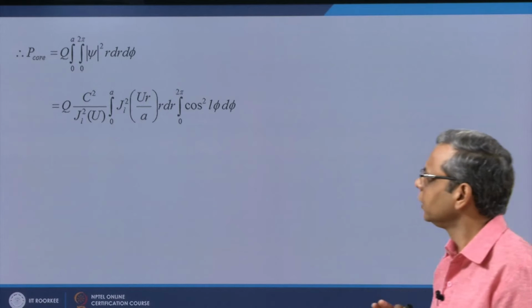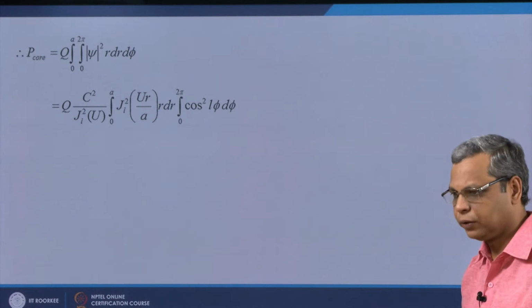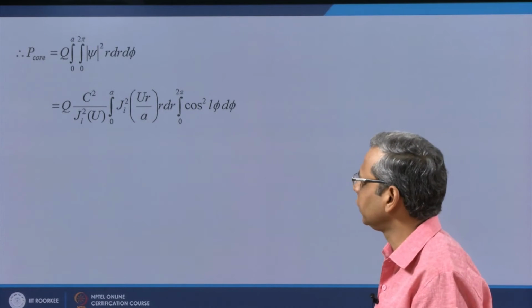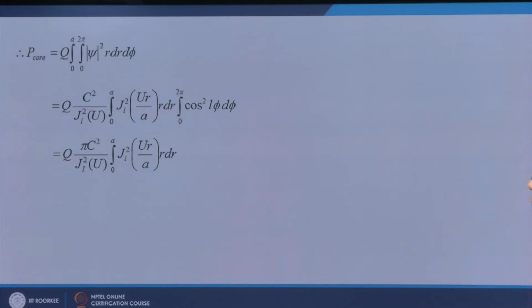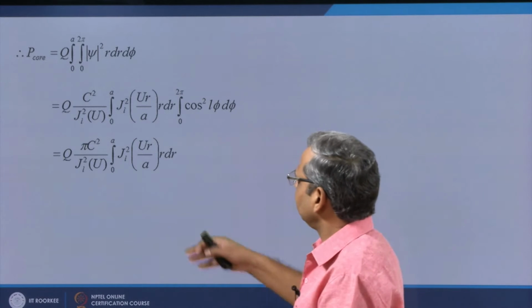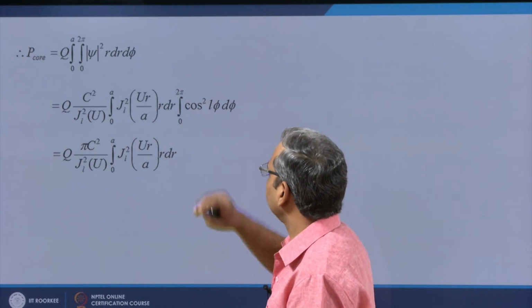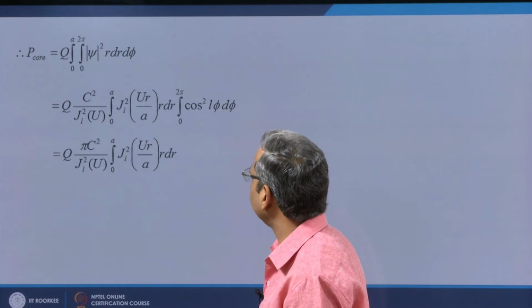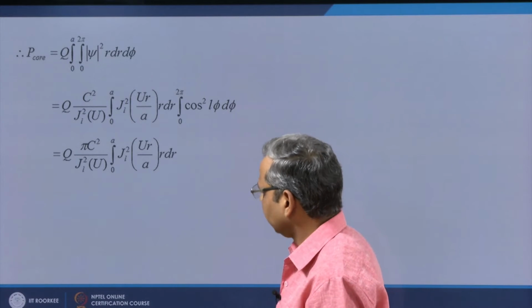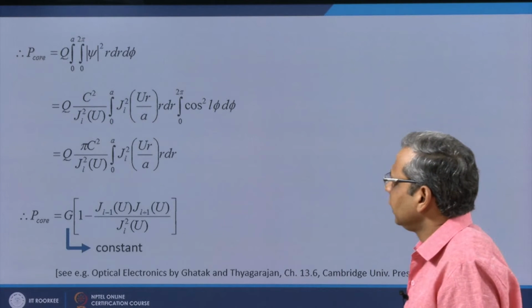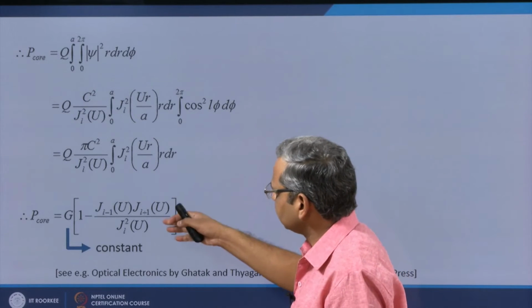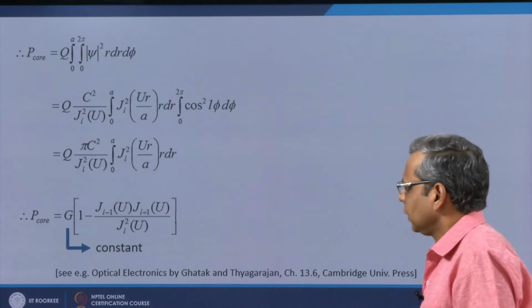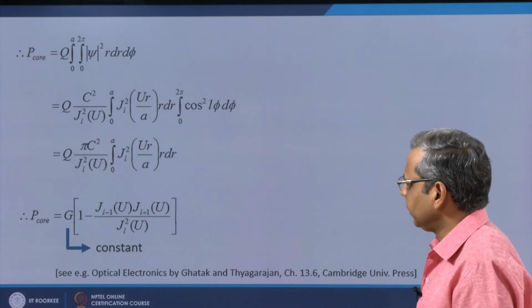For a given mode, even J_l square u would be constant, because beta is constant for a given mode. So, this I can simplify like this, the phi integral is straightforward, and then it can be written in this particular form by doing some mathematical manipulations.